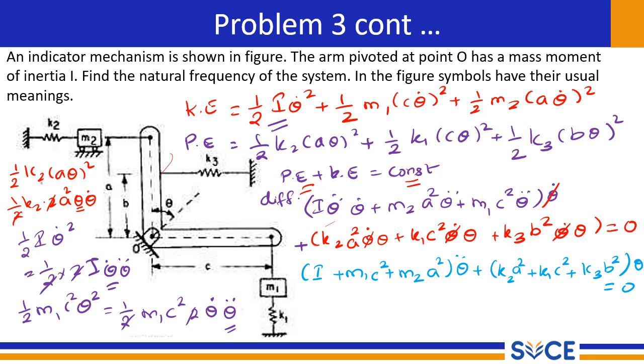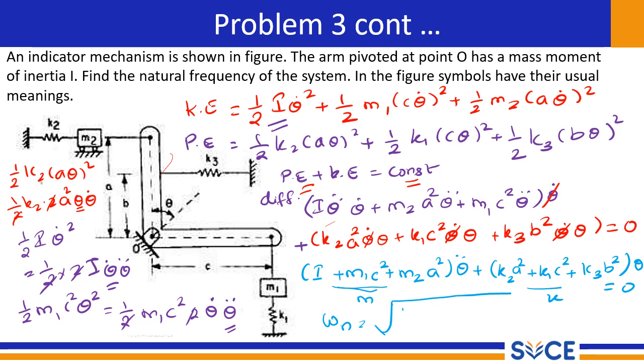We know that this is the stiffness component and this is the mass component. So omega n equals root of k by m, you know that. We substitute that, and with that we come to the end of the problem, identifying the natural frequency.